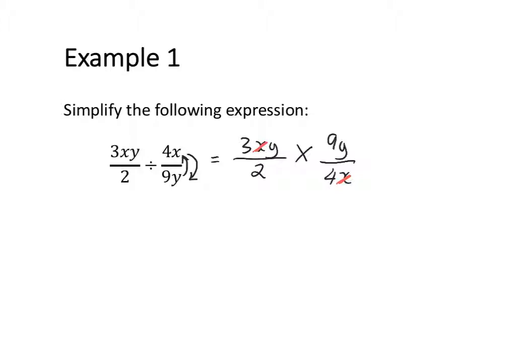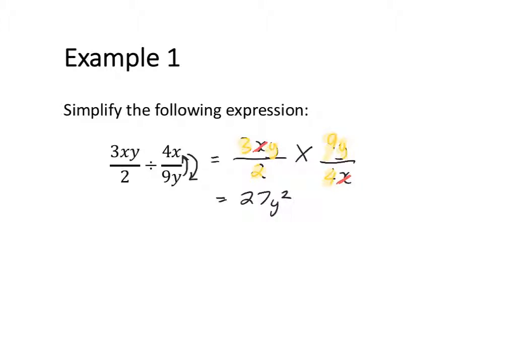So now I go ahead and do step 2, which is to multiply my numerator across. So having a look at what's left, I've got a 3, a y, a 9, and a y. So multiplying that together, that is going to become 27y squared. And then having a look in my denominator, I've got a 2 and a 4 left.